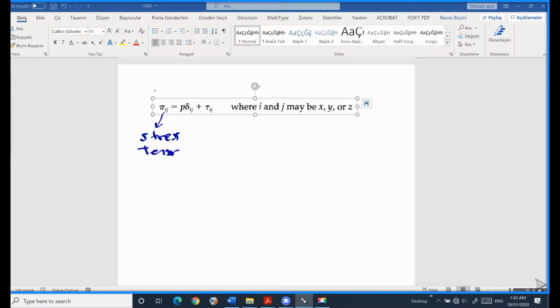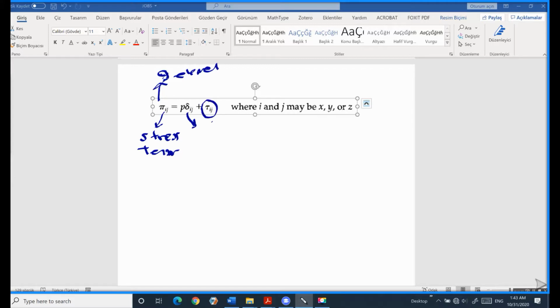This is because this has nine elements. This term is just the definition of the pressure forces acting on the fluid. Because the pressure always acts perpendicular to the surface, that's why in the three directions the pressure is effective.